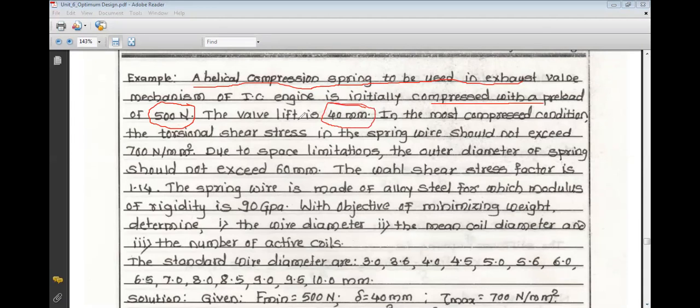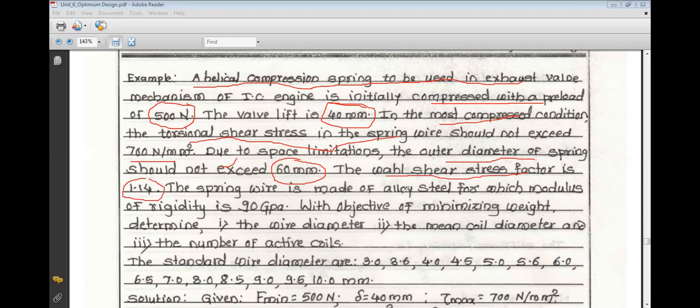In the most compressed condition, the torsional shear stress of the spring wire should not exceed 700 Newton per mm square. Now due to space limitation, the outer diameter of the spring should not exceed 60 mm. So this is again a limiting parameter; it should not be greater than 60 mm. The valve shear stress factor is given, and that factor is 1.14.